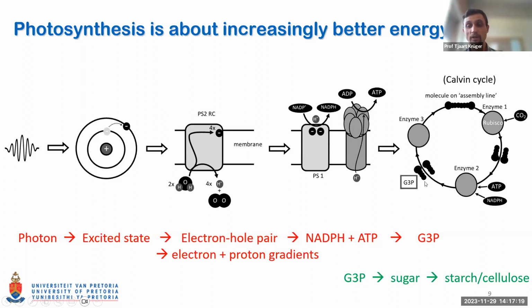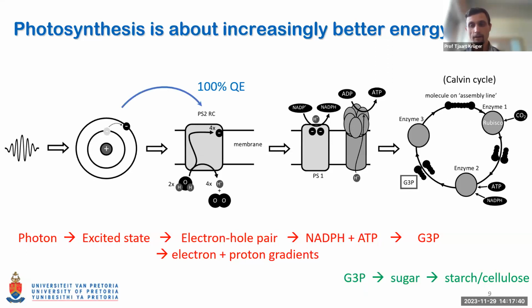So the G3P is now a more stable form of energy, a more stable molecule in which the energy is stored. It can be used just as it is, or it can be converted into sugar or starch or cellulose, which are the main forms of biomass.